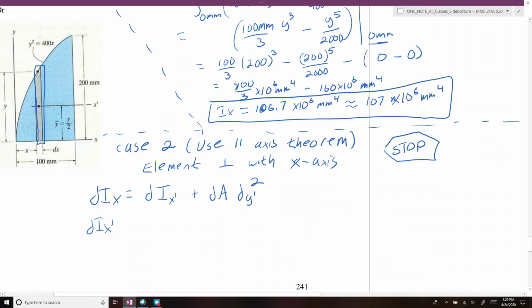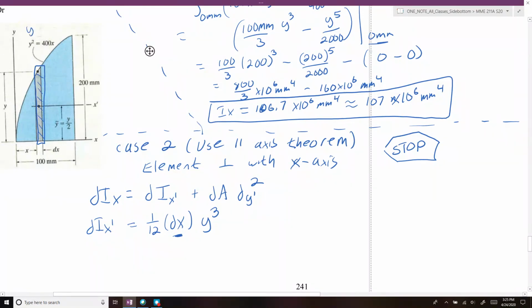For a rectangular element, like in the last example, the moment of inertia is equal to 1/12 times the base, which in this case is dx, times the height, which in this case is y, cubed. Since everything is in terms of dx, we want to put y in terms of x.